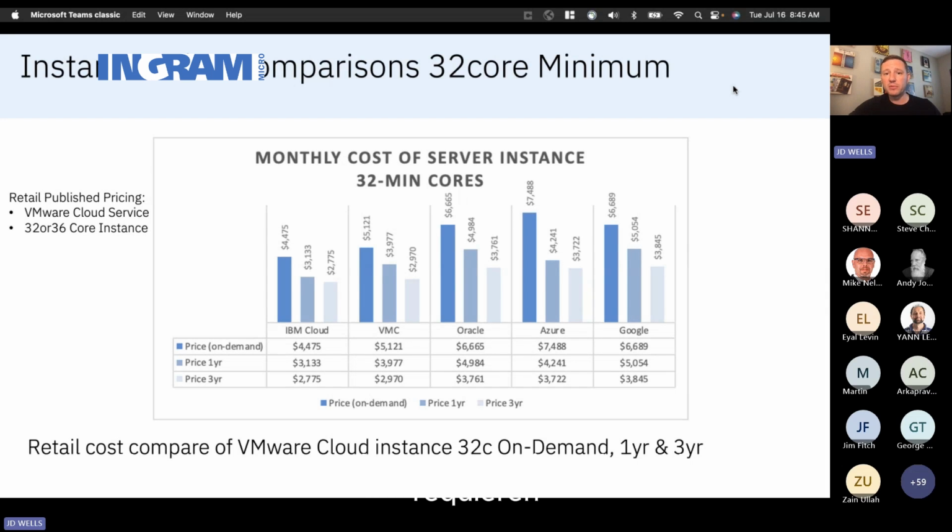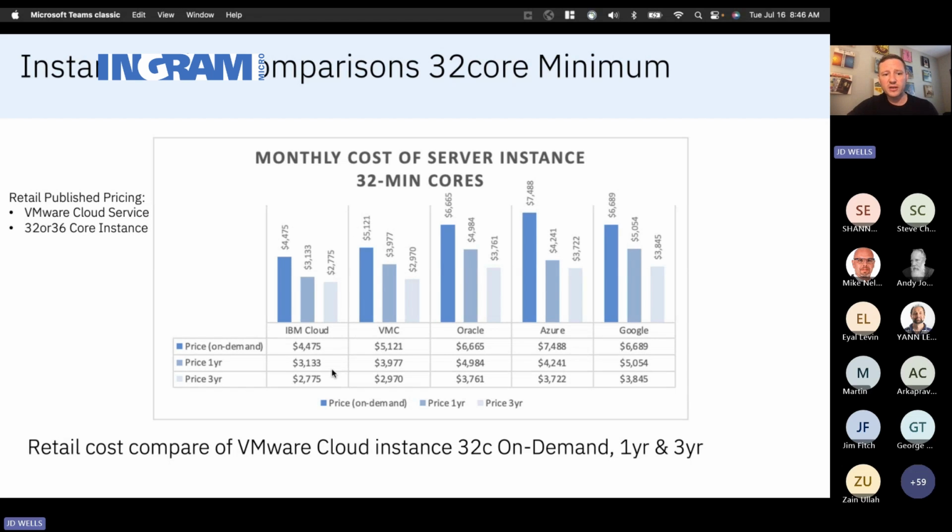This meets the minimum number of cores that are required by Broadcom per their licensing and doesn't leave any cores stranded from a licensing standpoint. We thought this was a good floor to start the comparison on, and this is the basis of what we're going to walk you through.